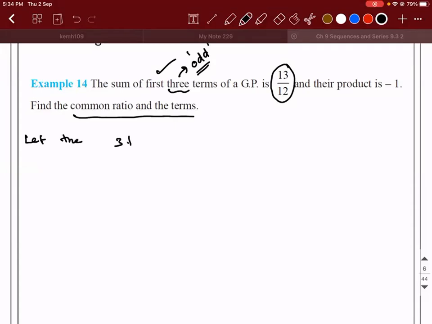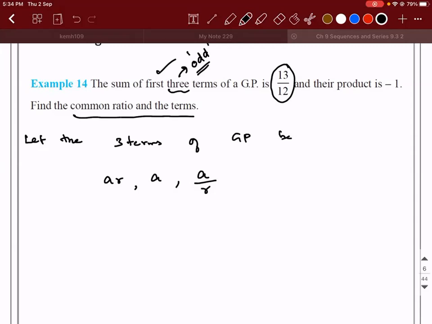let the 3 terms of GP be, observe the way I'm writing, AR, A and A by R. Did you understand what I did?